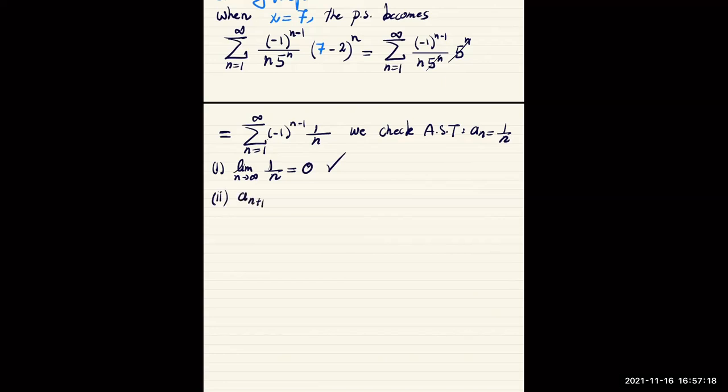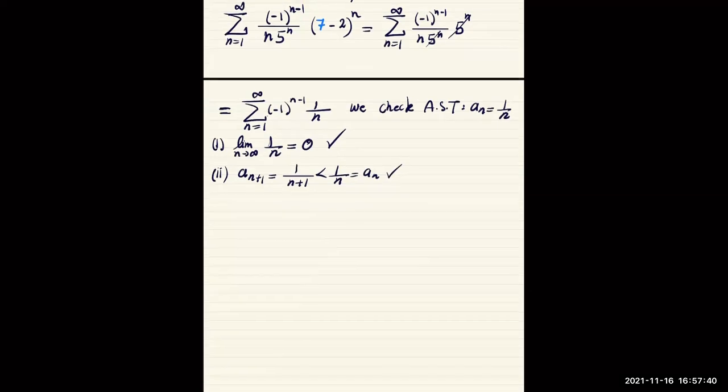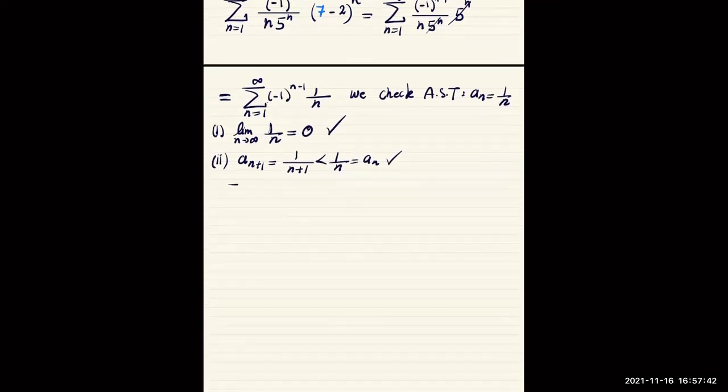If I compare a sub n plus 1, which is 1 over n plus 1, to a sub n, 1 over n plus 1 is less than 1 over n. So a sub n plus 1 is less than a sub n, which tells us that a sub n is decreasing. So that checks out, which says that the power series converges. And again, if you want to say conditionally, be my guest.